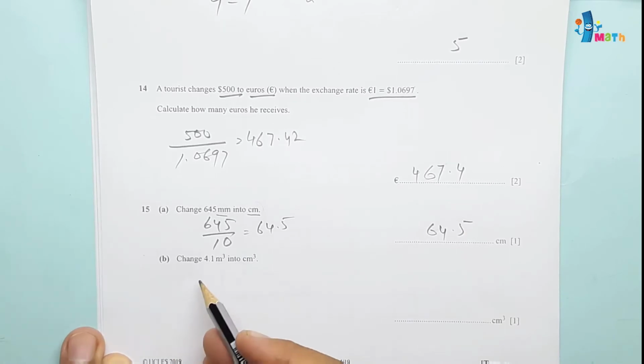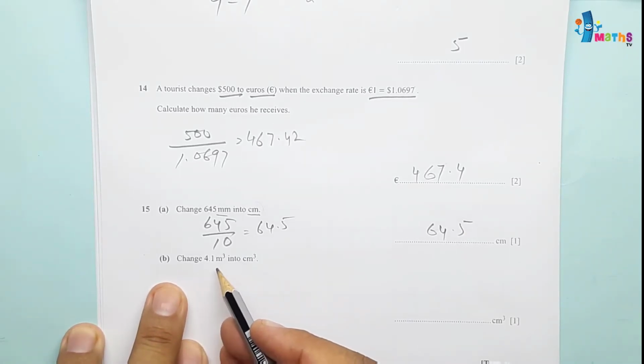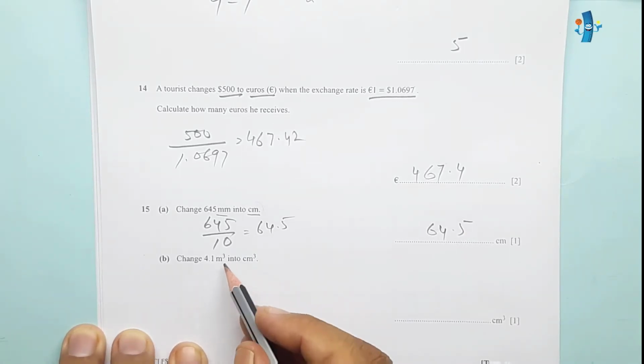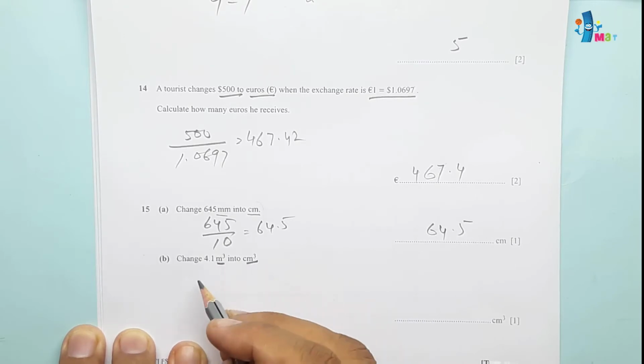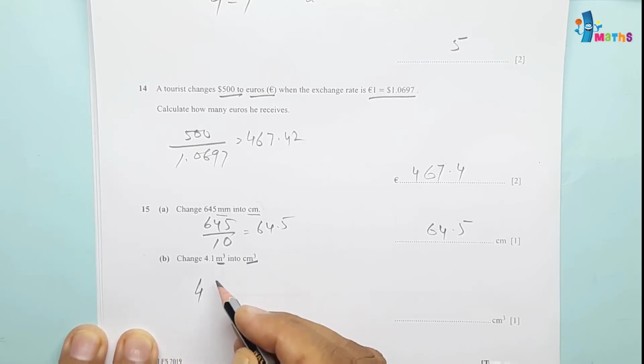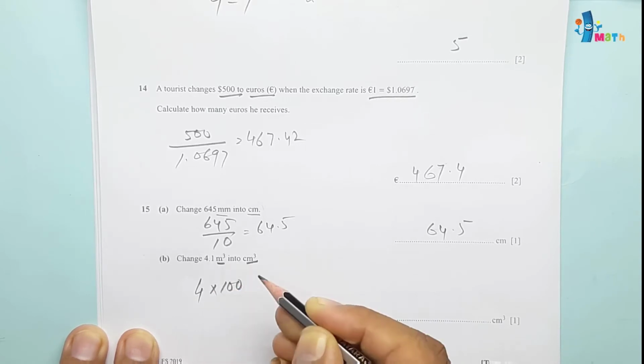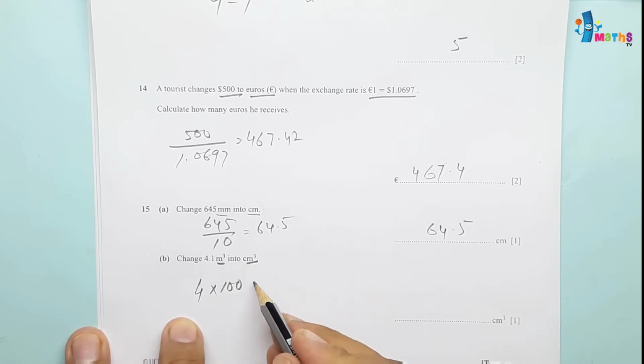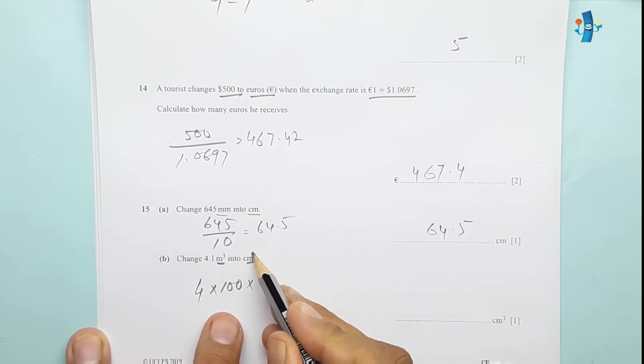And next B part is change 4.1 meter cube into centimeter cubes. So 4 meters into centimeter, multiply by 100, because 100 centimeters in 1 meter, and these are 3, right?